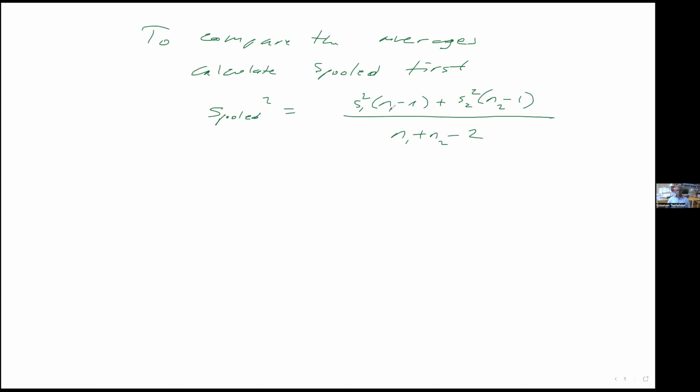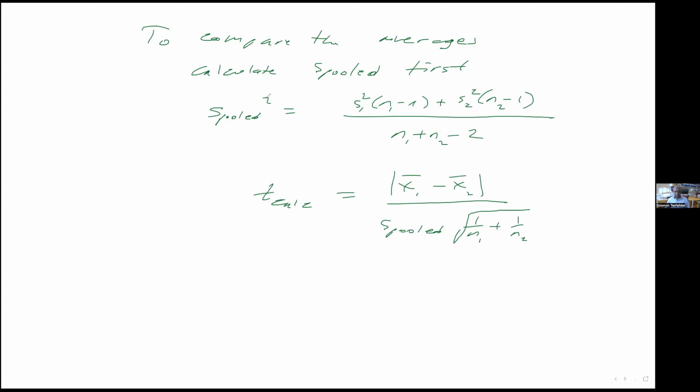So you calculate the S pooled, and then finally you can calculate t calc. Here is X1, the average, and when you have calculated the S pooled, you put it here.